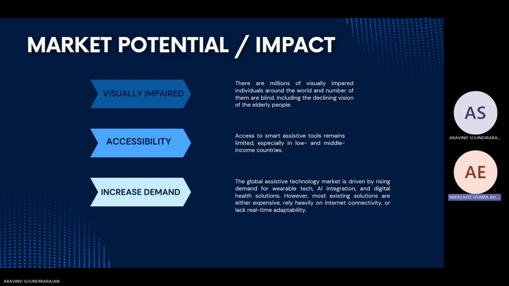And now for the accessibility, the access to smart assistive tools remains limited, especially in low and middle income countries. Now, lastly, is the increased demand. So, the global assistive technology market is driven by rising demand for wearable tech, AI integration, and digital health solutions, which we can cover with our smart glasses.